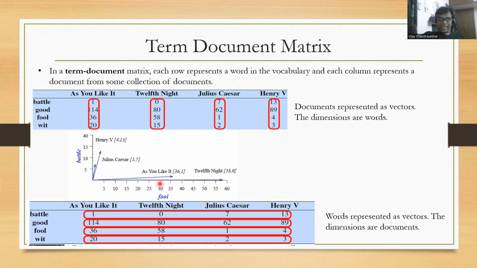It will be along the x axis, because the word battle is not in As You Like It. Now again I reiterate, I calculate the distance. I still find that the distance between Julius Caesar and As You Like It is less than between As You Like It and Twelfth Night. But you say, no, Julius Caesar is not similar to As You Like It.